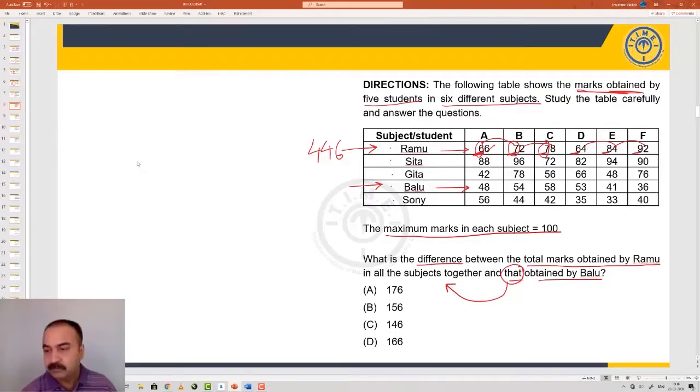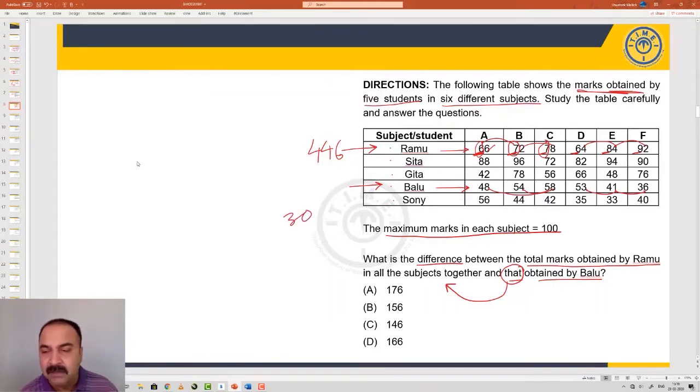What about Balu? For Balu, we look at the groupings in this manner. We have a 3 and a 1 and we have 4. Therefore, 4 plus 6 will give me a 10. 8 and 8 will give me a 16, and 16 and 4 will give me a 20. And this 3 plus 1 is 4 and 4 plus 6 is 10. 20 plus 10 gives me 30.